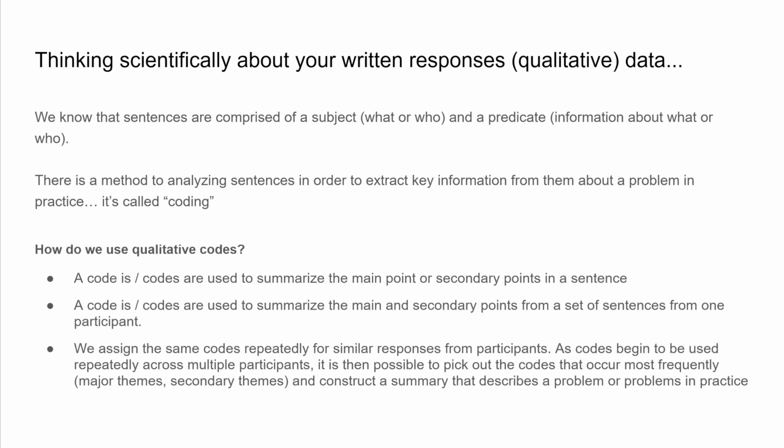We can look at which codes appear most frequently within a participant's interview and across participant interviews. So if some theme constantly appeared inside of a participant's interview, and then you saw that same theme appear across other interviews that you had coded, you can say, wow, this is something that's a trend across my participants.